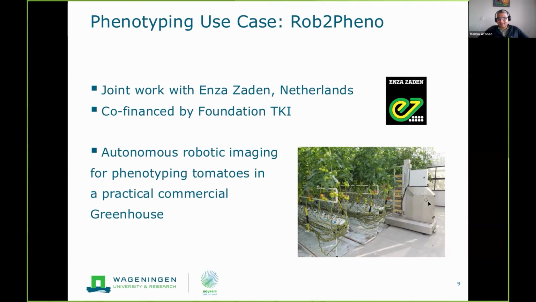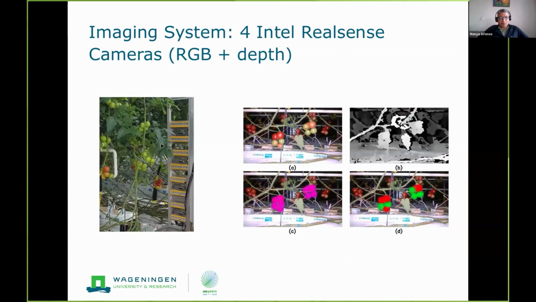So we see here this robot which would autonomously navigate through the greenhouse, and it's capable of autonomous operation, and it collects images from a set of 4 RealSense cameras.